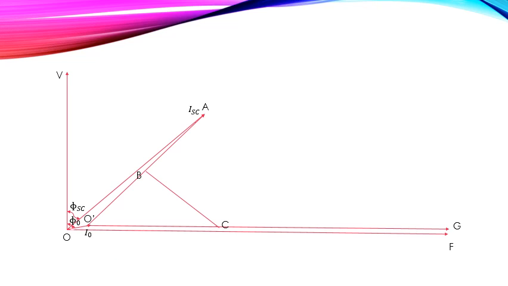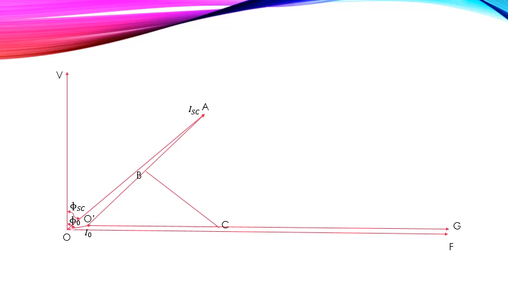By using the results obtained from the no load and block rotor tests on the 3-phase induction motor, we have calculated the no load phase angle phi naught and the short circuit phase angle phi SC, which are used here to draw the circle diagram. So with O as origin, take OV along the y-axis.